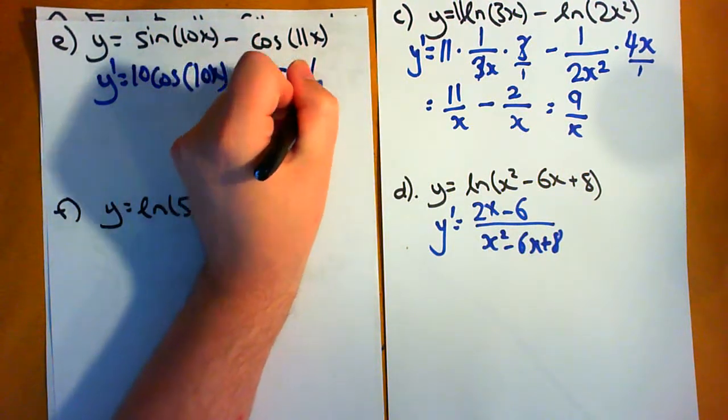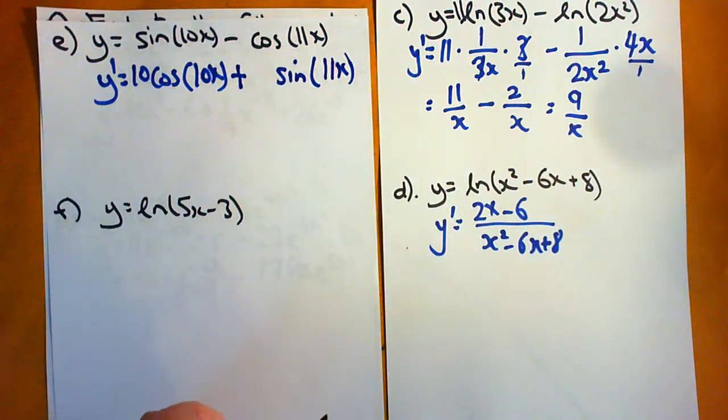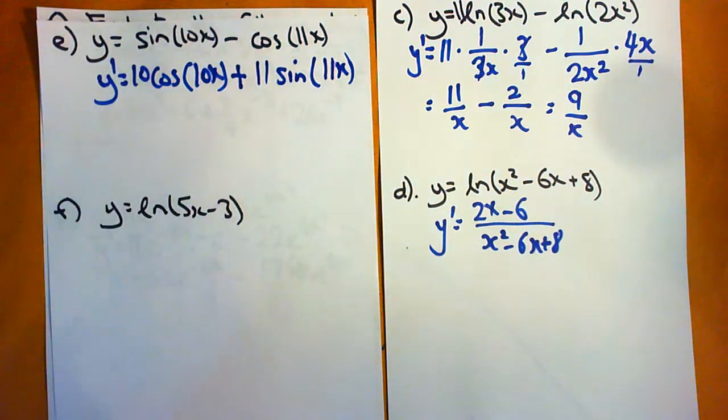And we have sine of the bracket multiplied by the derivative of the inside of that bracket. So 11x differentiates to 11. So the derivative of sine of 10x minus cosine of 11x is 10 cos 10x plus 11 sine 11x.